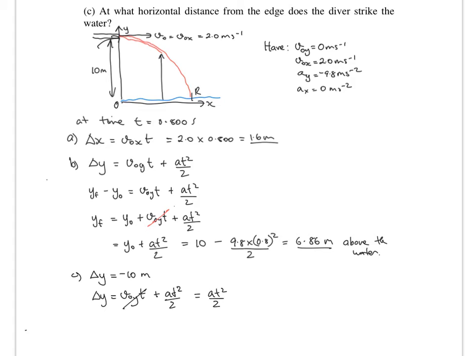Rearrange that for the time here because we're trying to work out the time, because the time it takes for the projectile to strike the water in the y direction is the same as the time it took to go in the x direction. So the time is the linking variable here. So let's solve for t. Using that equation, we're going to get t squared equals 2 delta y over a. I'll just scroll down a bit.